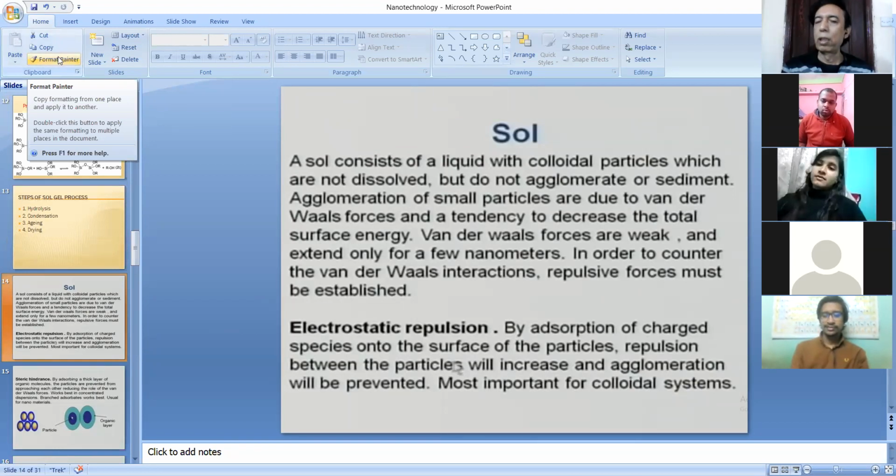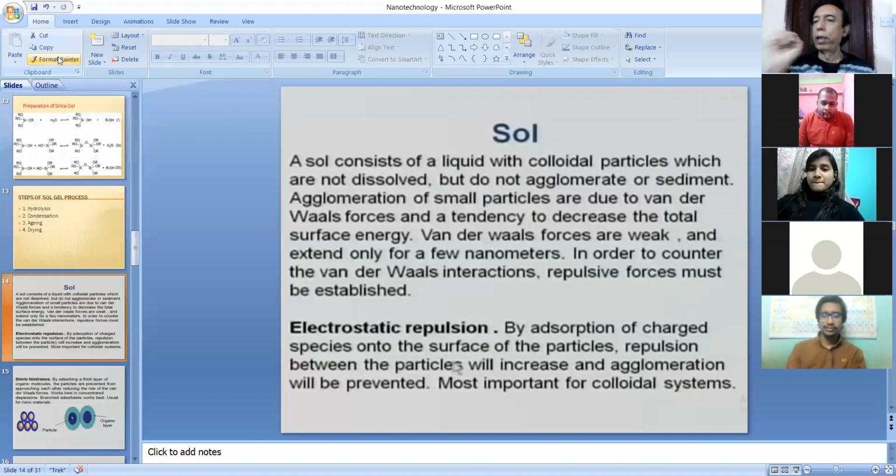As this repulsion happens in a sol, we shall take the route of the sol-gel process to prepare the nanomaterial. Normal precipitation, say for example, we can precipitate silver chloride from sodium chloride.